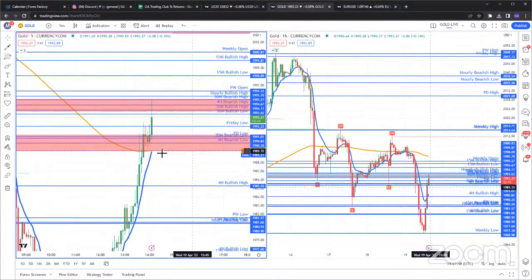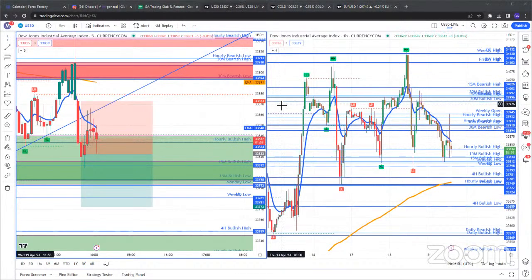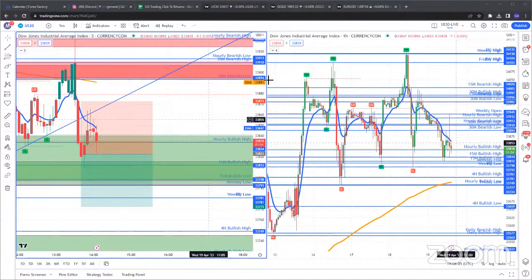Gold, we have this golden cross forming. US 30, okay, another thing to consider is how these instruments are moving. For right now, US 30 is the only bearish one, but EU and gold are bullish. Keep in mind, these three assets more times than not move alike, especially gold and EU.